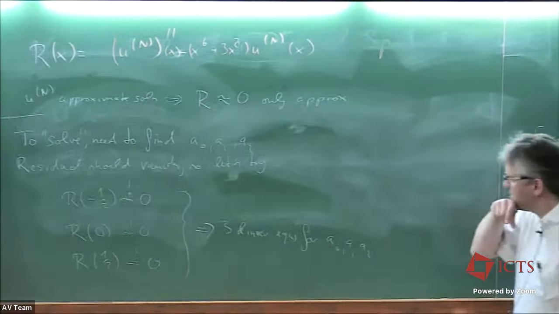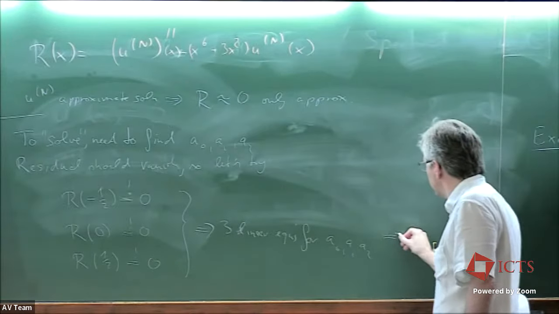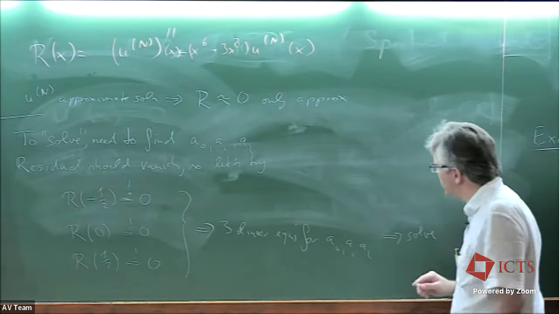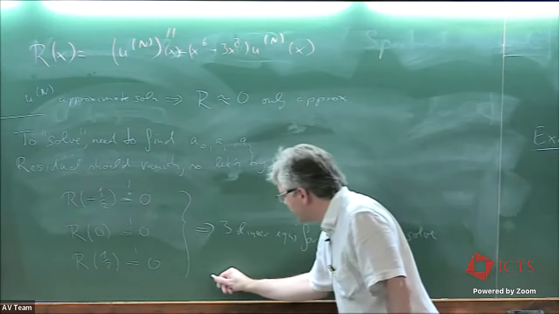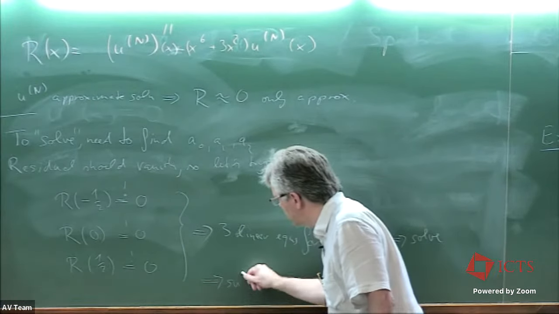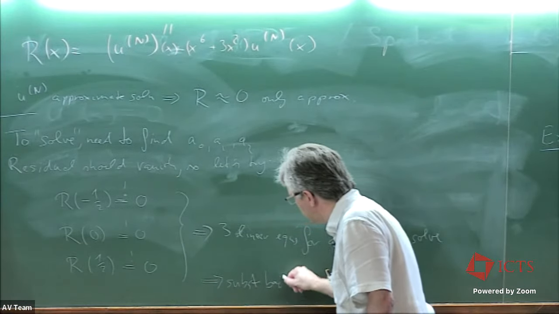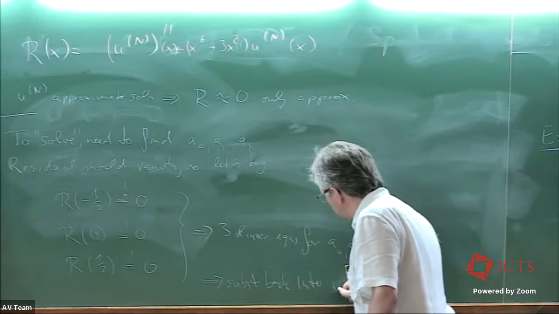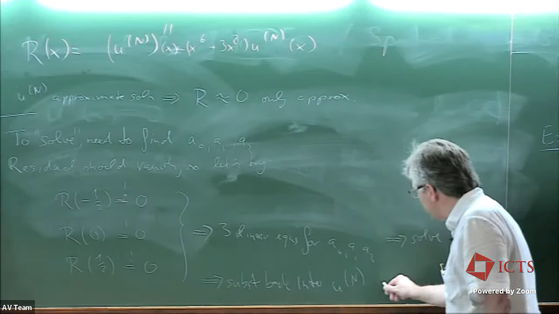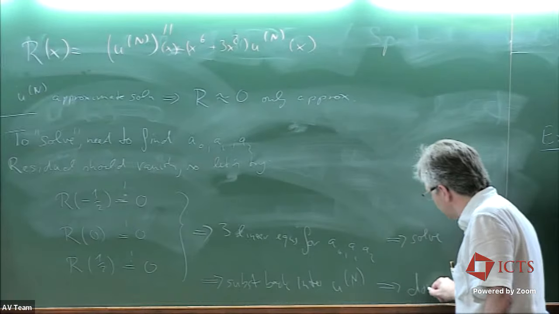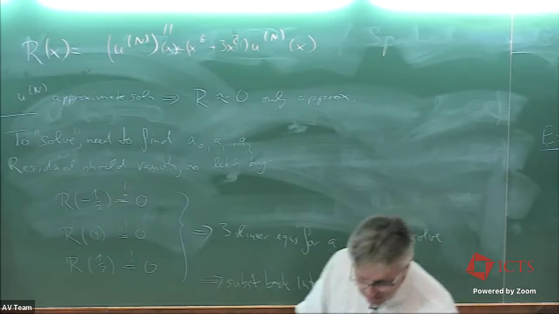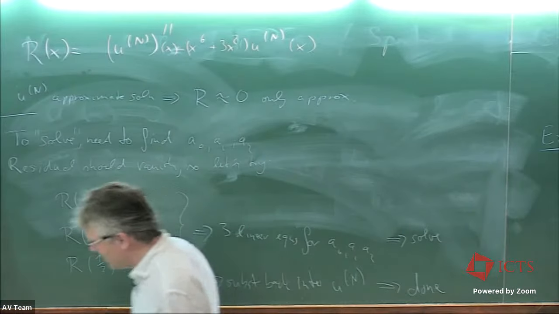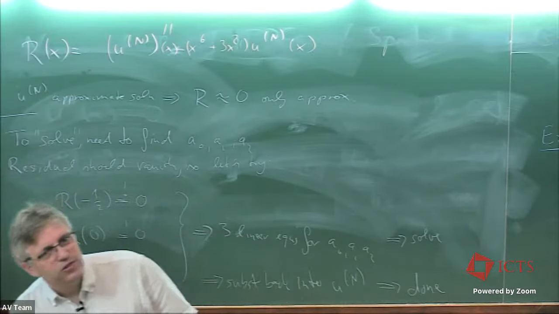And those three linear equations we can solve. And once we have solved them, we put them back into phi n. And then we are done. We have our approximate solution. Okay, let's try and do this on the computer. Do we have any questions at this point?